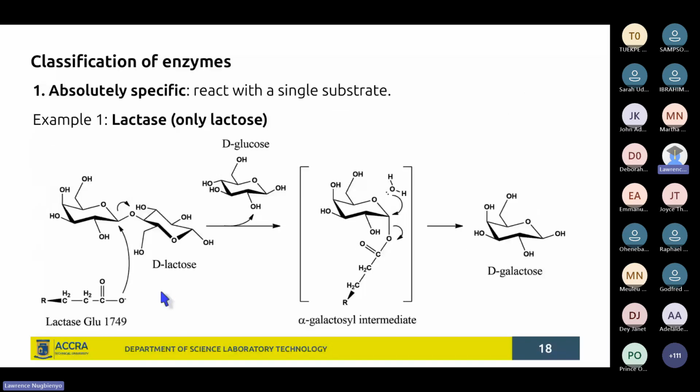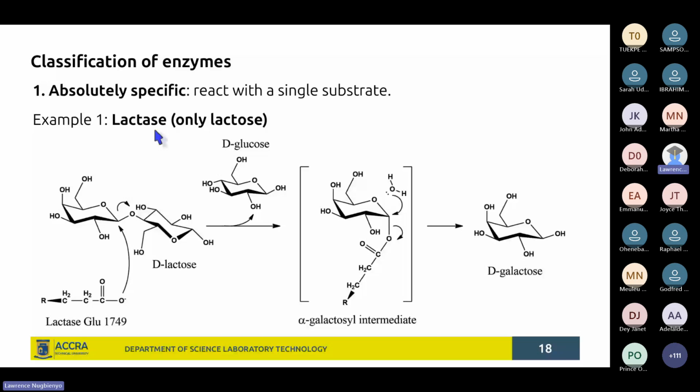So we did talk about the enzyme lactase. That enzyme acts only on lactose. Can you imagine if this enzyme was acting on a different substance apart from lactose, and we give it the name lactase? That's going to be misleading, because then the other substance on which the enzyme will be acting is not considered in naming the enzyme.